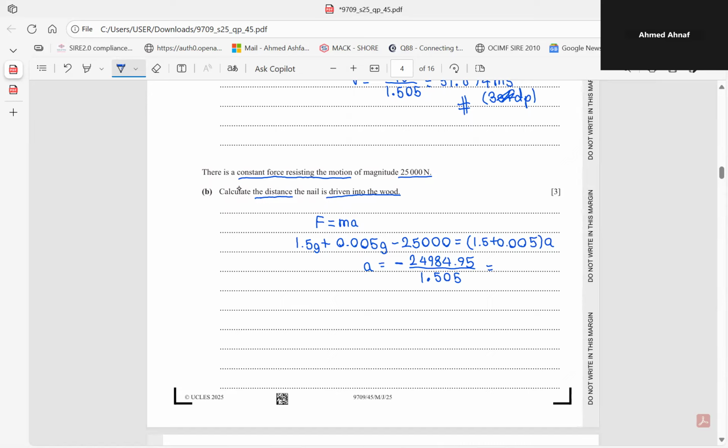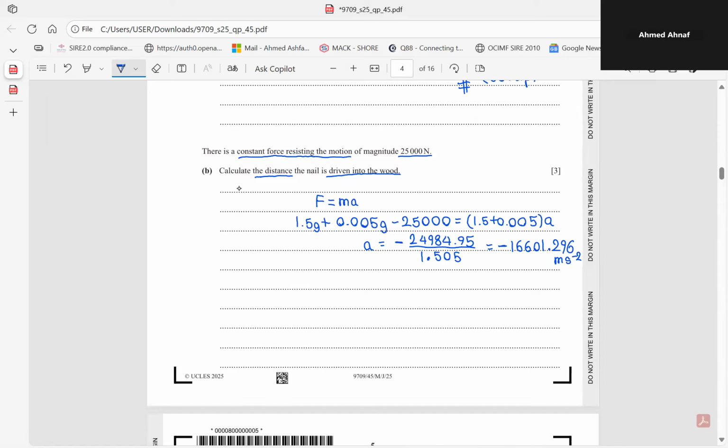Deceleration would be 16,601.296 meters per second squared.